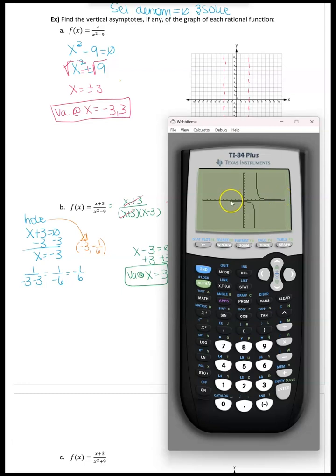So at negative 3 is where our hole is. It doesn't really show it very well.